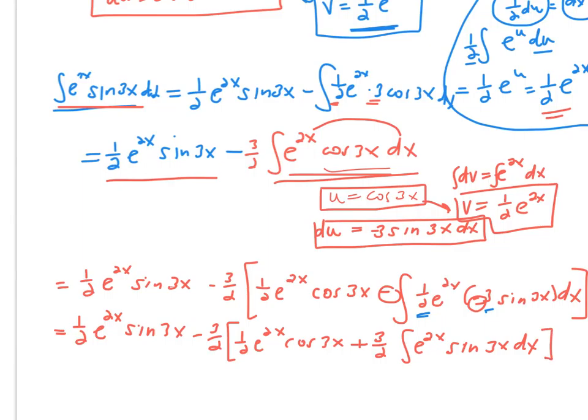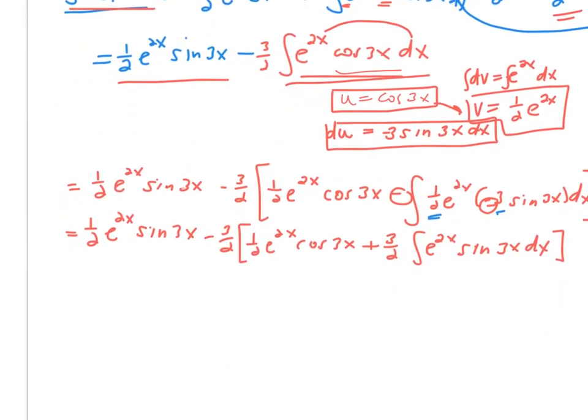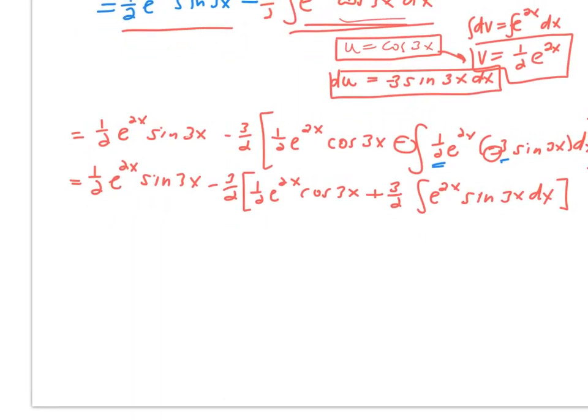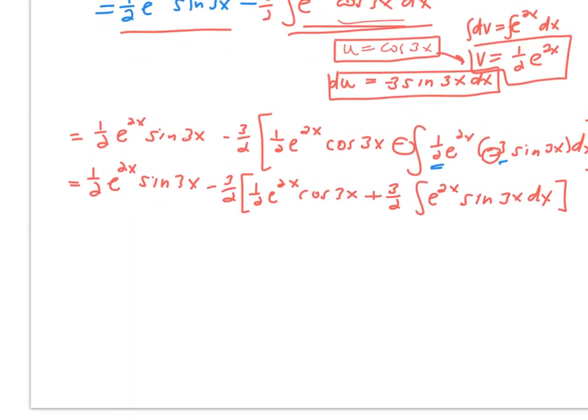Okay, next, let's slide this up a little bit, and we do want to distribute into the brackets there. So bring this down one more time. 1/2 e to the 2x sine 3x minus, well, the 3/2 times that 1/2 will give us 3/4, negative 3/4 e to the 2x cosine 3x.